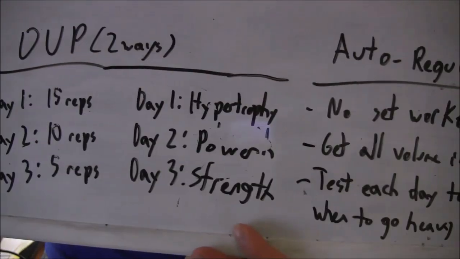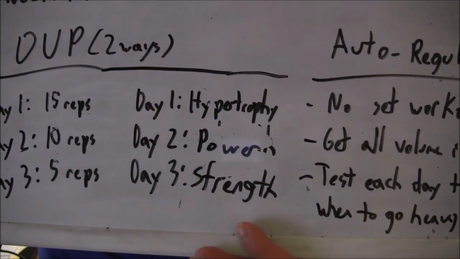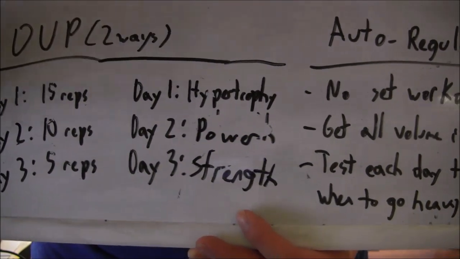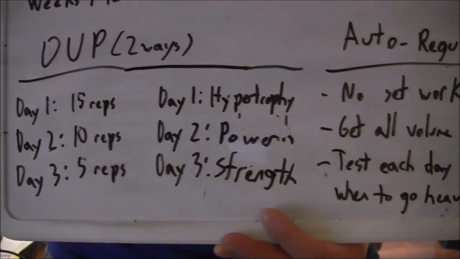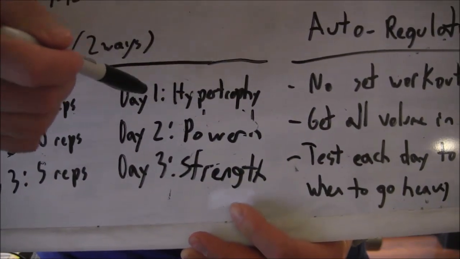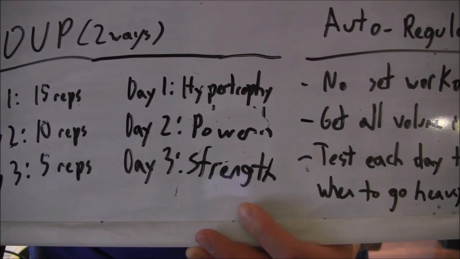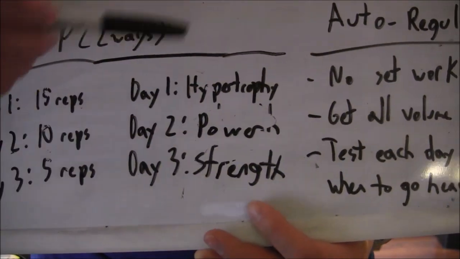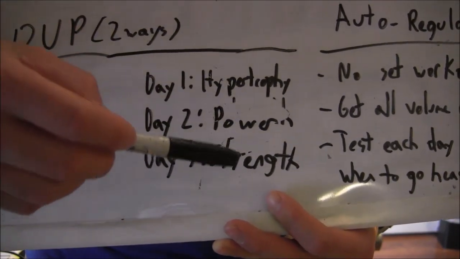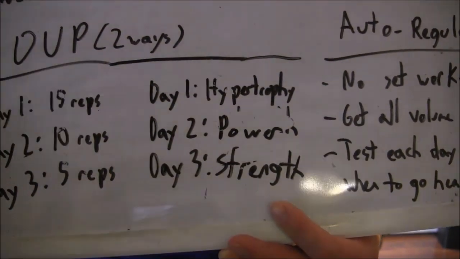But we also have to keep in mind the law of specificity. The law of specificity is specific for what we're doing. If you're a bodybuilder, does it make sense to have a 1-to-1-to-1 ratio of these? It might not. You might be better off going hypertrophy, power, hypertrophy, strength, hypertrophy, power, hypertrophy, strength.